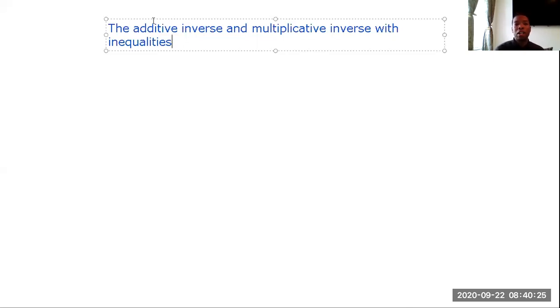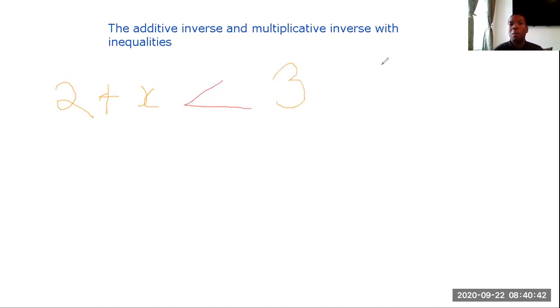So when I talk about an inequality, I'm talking about something like if I say 2 plus x is less than 3. And then now my job is to find what is x. All right, that's literally it.